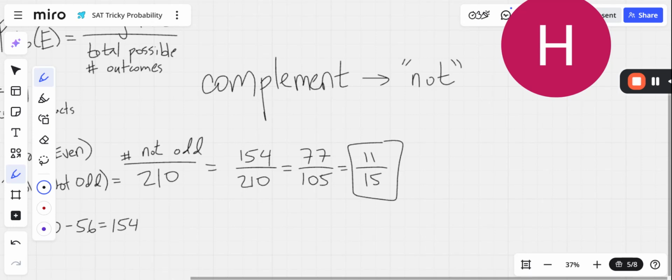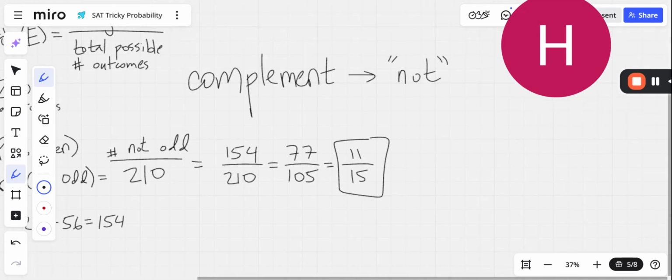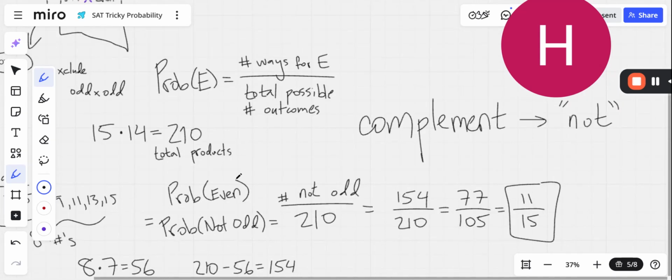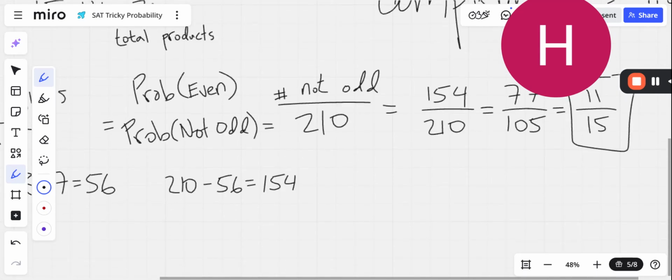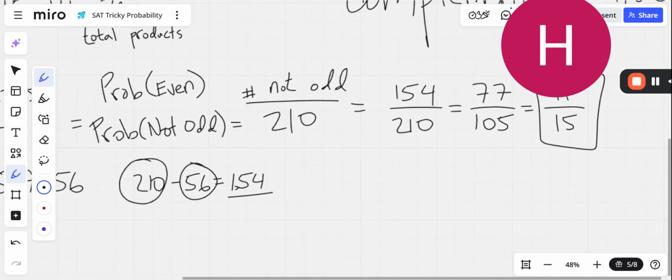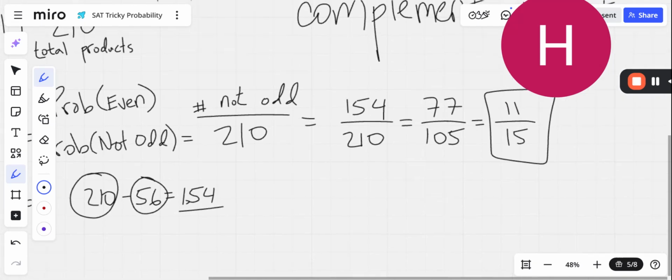The probability of getting a 5 is 1 over 6, but the complement is the probability of not getting a 5, which is basically all of the other possibilities. So if we want the probability of something that's even, that's the same thing as the probability of it not being odd. So we take all the possibilities, 210, and subtract the odd ones, and that leaves us with the number of not odd ones.